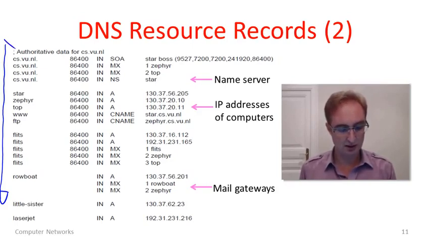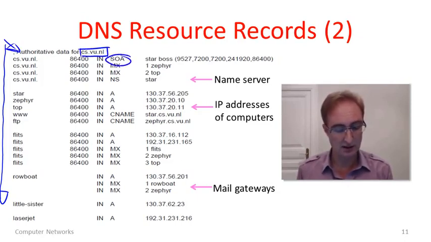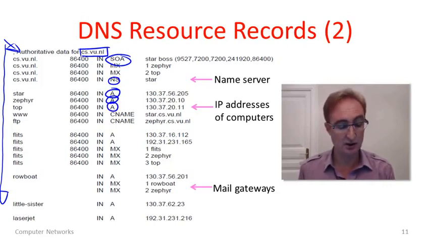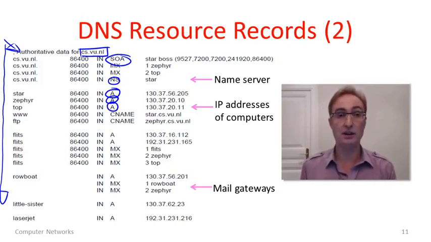It starts with a comment saying this is the authoritative data, the real data for this zone or for this domain. And there are various records. Here's our start of authority record. It's going to have some key parameters. But most things in it will then be things like the A address. Here are A records. They have the IPv4 addresses. Here was an NS record. It had the name of a name server. star.cs.vu.nl is the name server for this domain.